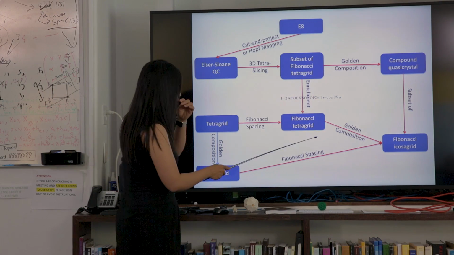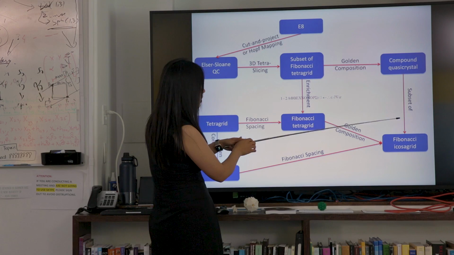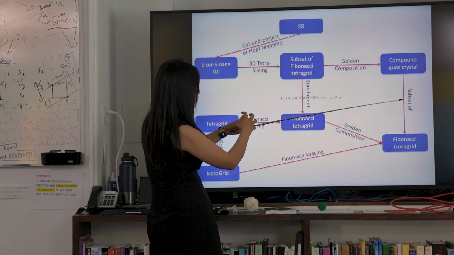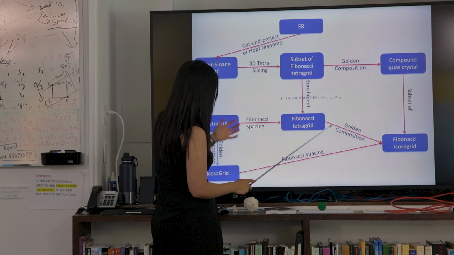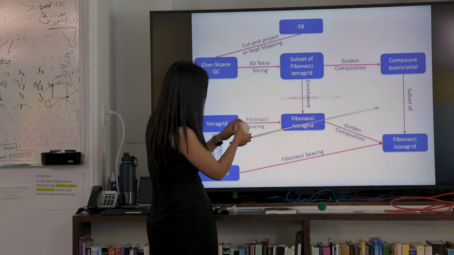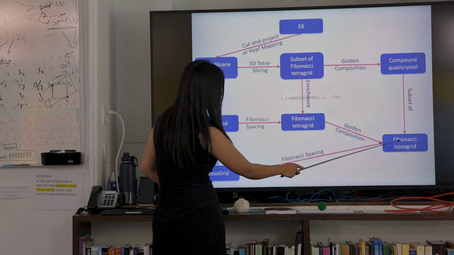We get a Fibonacci tetragrid, and then we do the golden composition, composing 5 sets together: you take a 4, another 4, another 4, another 4, so it makes 20. That also gets the QSN.